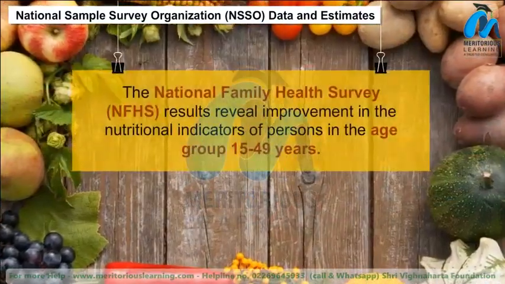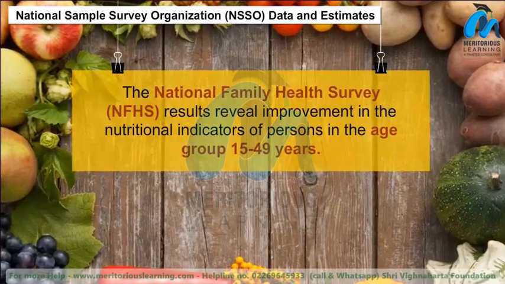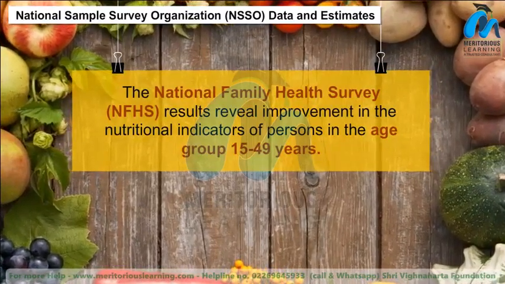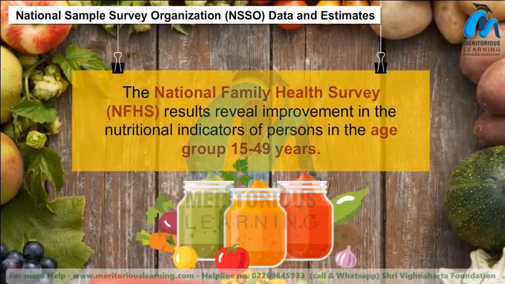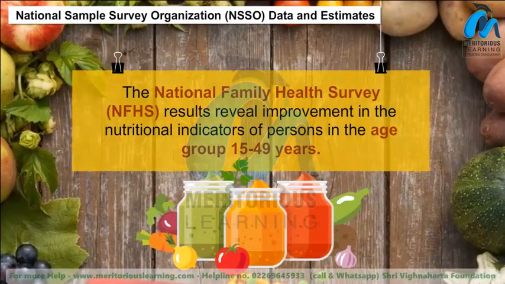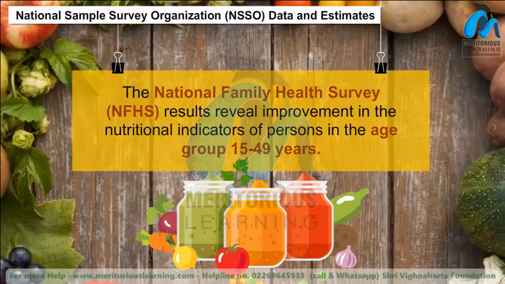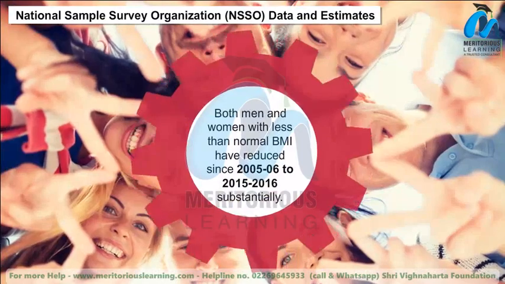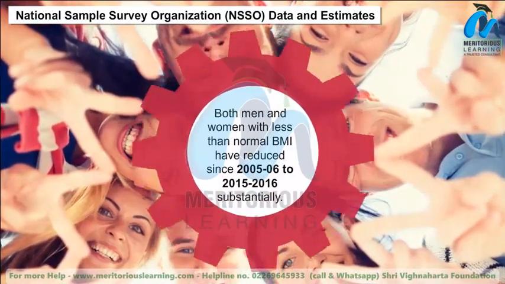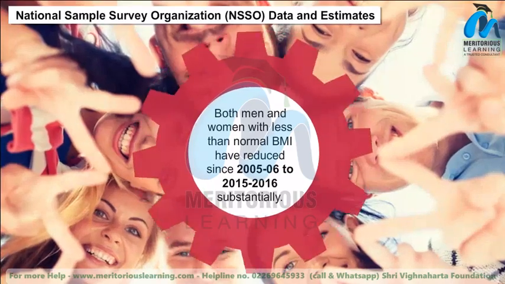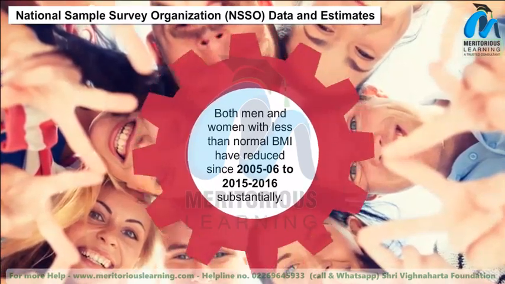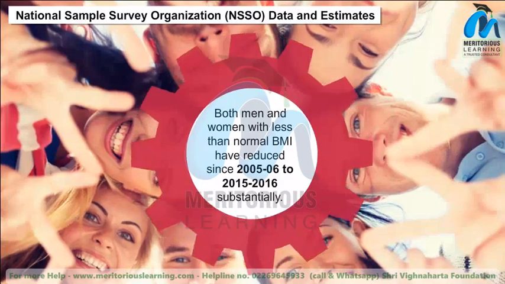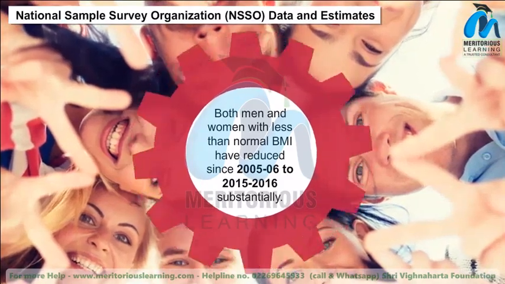The National Family Health Survey or NFHS results reveal improvement in the nutritional indicator of persons in the age group 15 to 49 years. Both men and women with less than normal BMI have reduced substantially from 2005-2006 to 2015-2016.